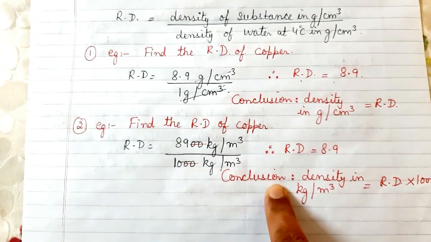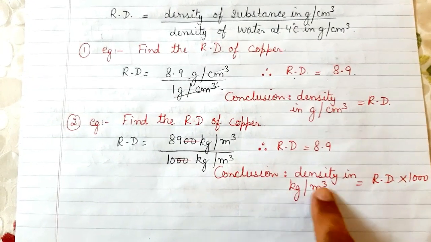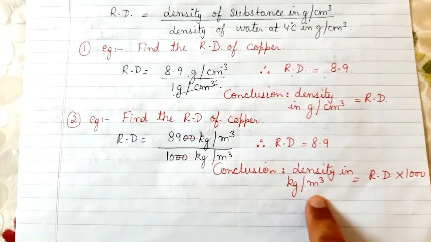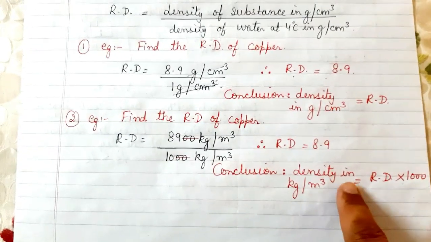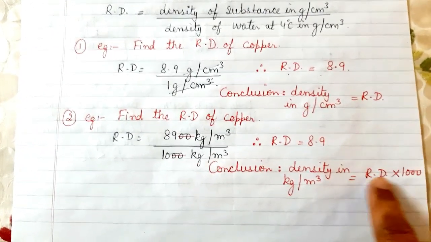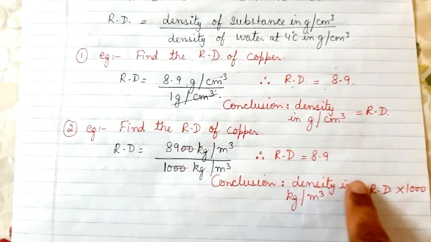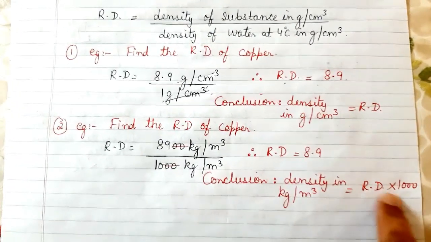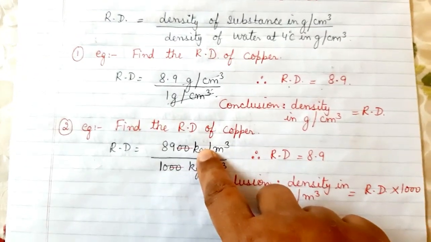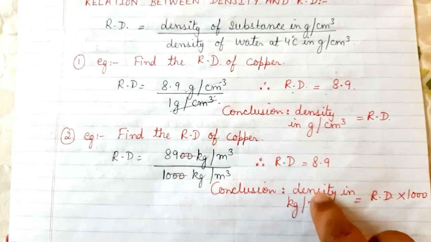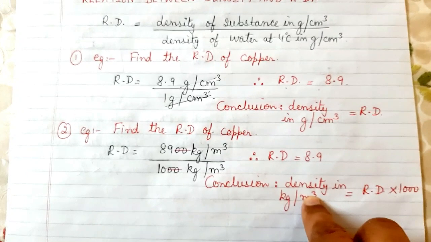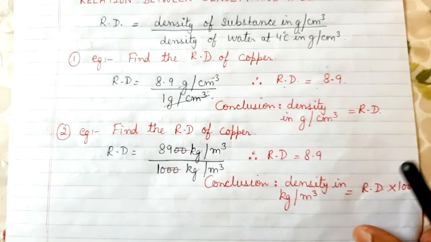So what conclusion do I draw from here? I draw the conclusion that the density in kg per cubic meter is equal to the RD multiplied by 1000. Because the RD is 8.9, when I multiply 8.9 by 1000, I get the value of the density of copper. So these two conclusions are very, very important and have to be remembered carefully.